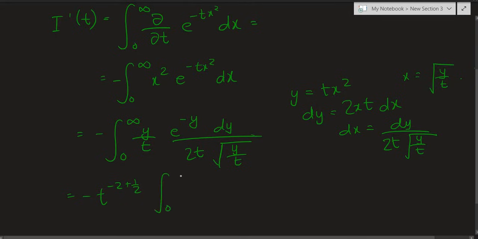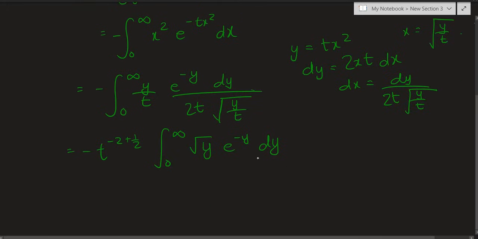And we have the integral from 0 to infinity of, and this will cancel out with this to get square root of y times e raised to negative y dy, and this square root of y is y to the half, which can be written as y to the 3 by 2 minus 1.